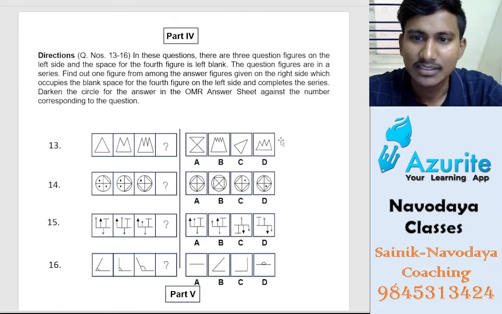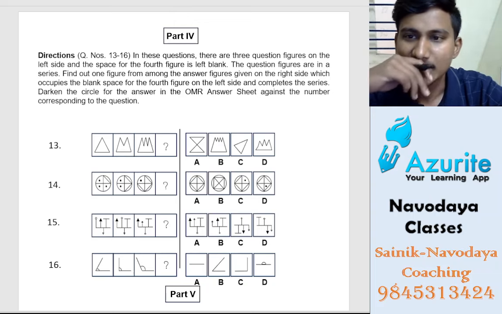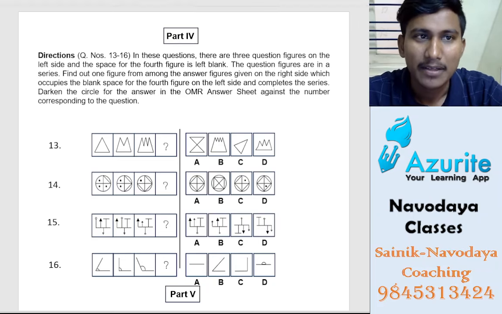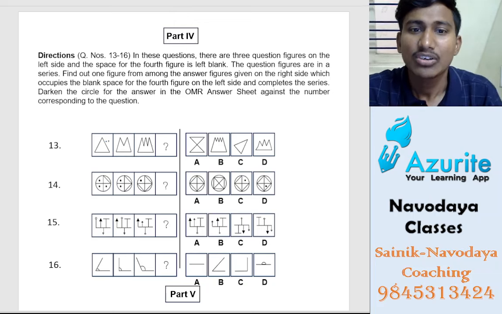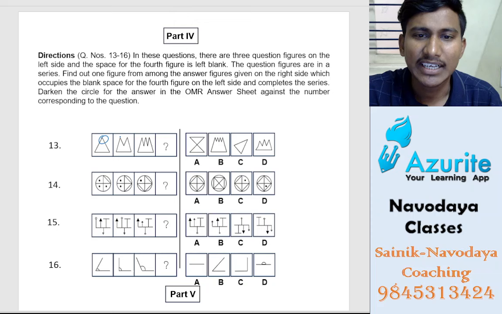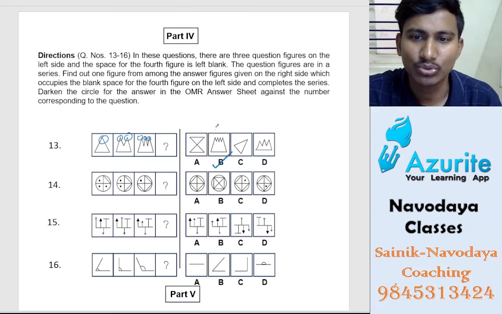So let's do the next, 13th question. If you see the 13th question, there are two, then here there are three, then next will be four. So option B is correct. There are four. Next, the 14th one.